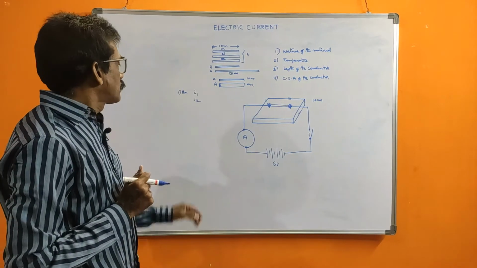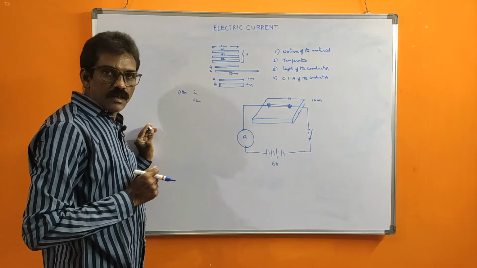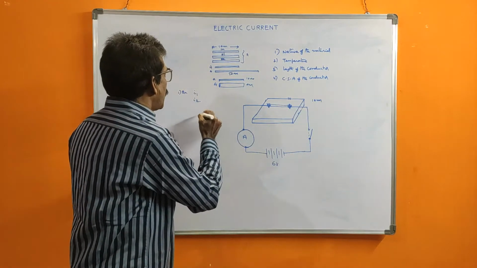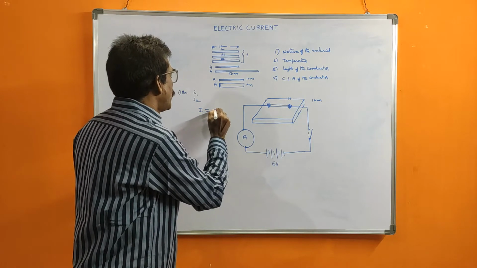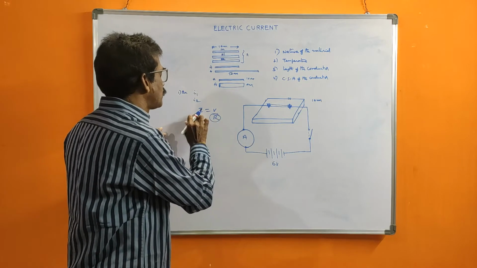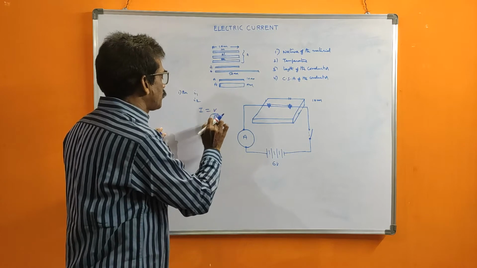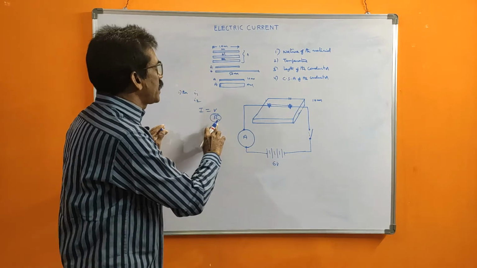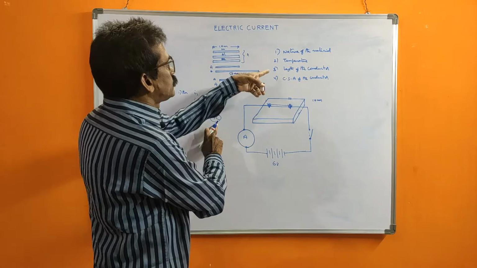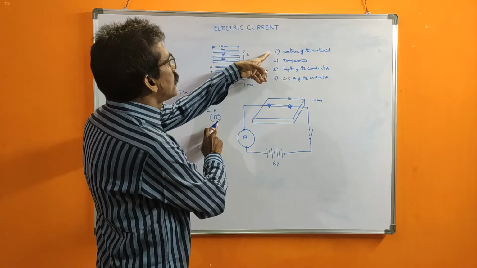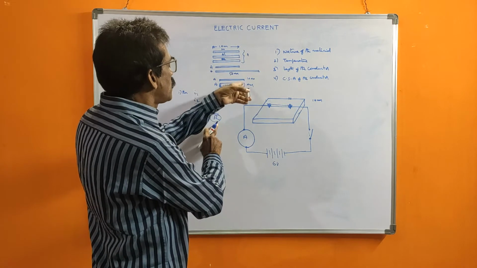In this case also changes will occur. Why? You know, again I equals V by R. V is not changing, so because of this change only the current will change. R changed. Why did R change? Length not changed. Temperature not changed. Nature not changed, the same aluminum only you took.